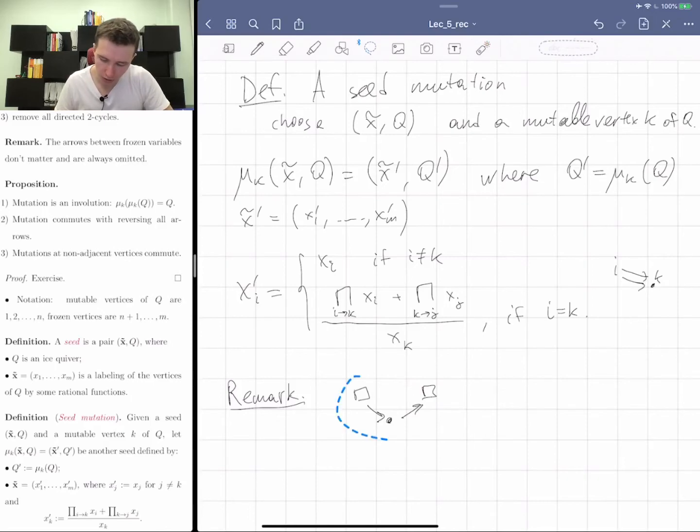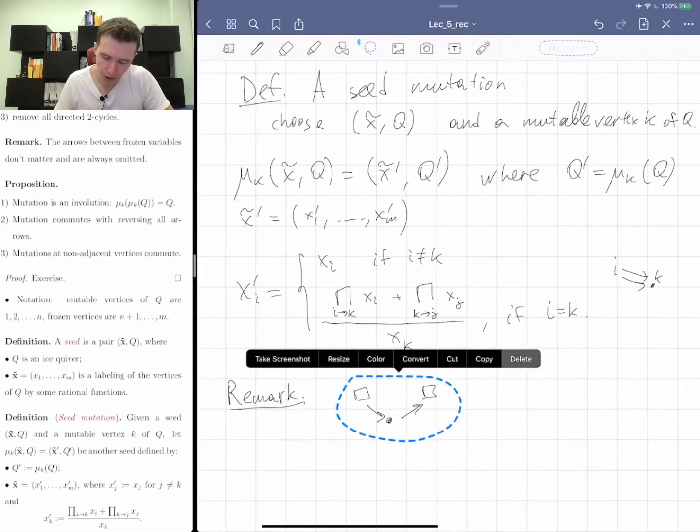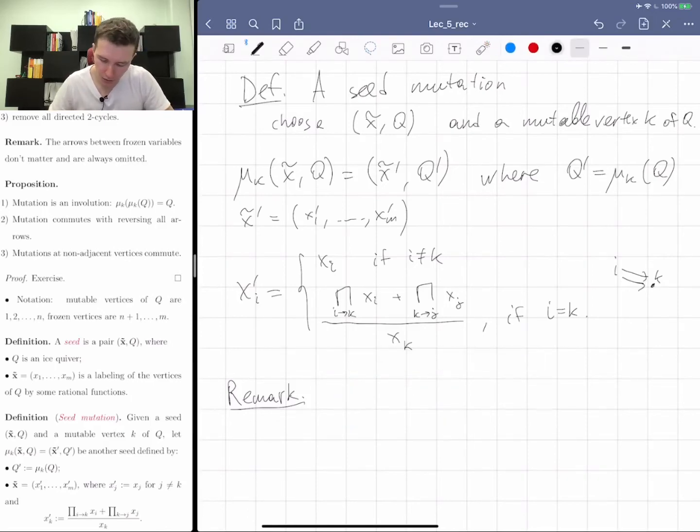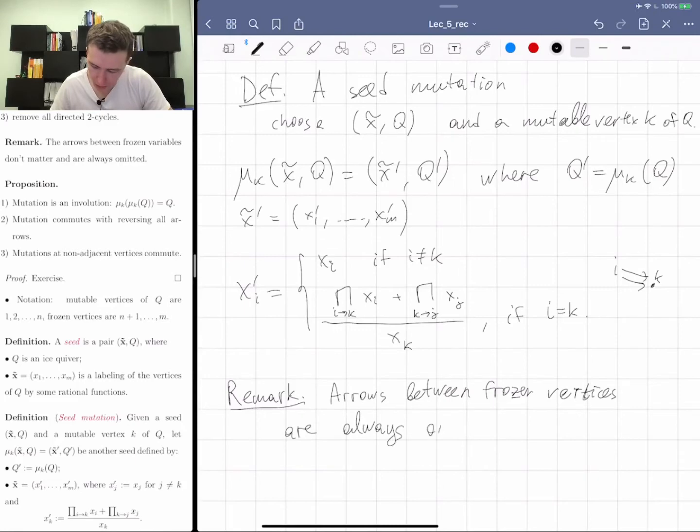And so what I want to say is that the arrows between frozen vertices don't matter. So the rule I'm going to use is that these are always omitted.